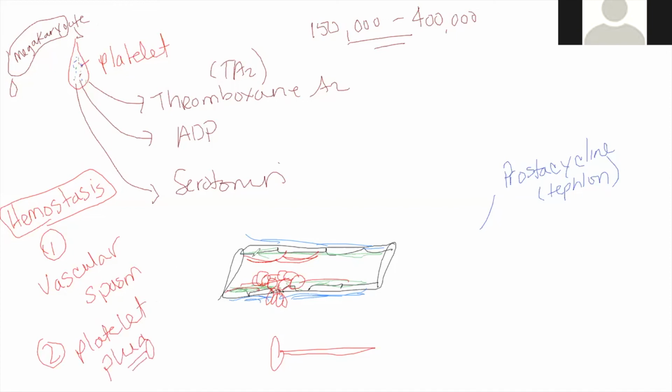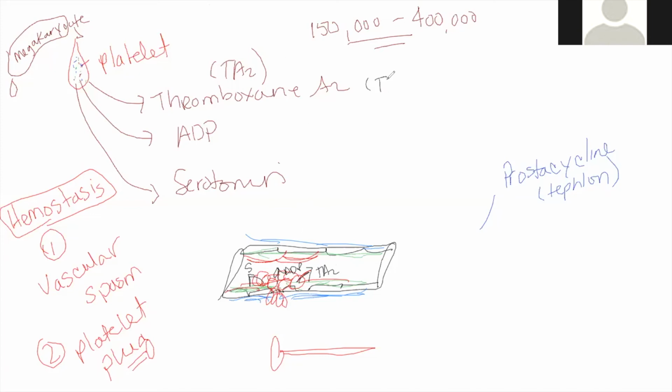Okay, so these platelets are going to start to release their chemicals now, right? They're starting to release their chemicals as they aggregate. So we have thromboxane A2, we have ADP, and we have serotonin.